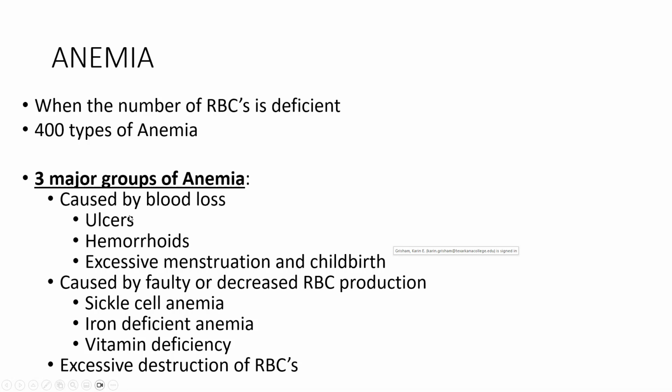That could be caused by many different things: blood loss, such as ulcers, hemorrhoids, excessive bleeding during menstruation and childbirth, or faulty or decreased red blood cell production, such as sickle cell anemia, iron deficient anemia, and vitamin deficiencies, which can all lead to red blood cells that aren't formed correctly or just a decreased amount of them. Or it could be from excessive destruction of red blood cells. So any of these could lead to red blood cells being deficient, and that's called anemia.